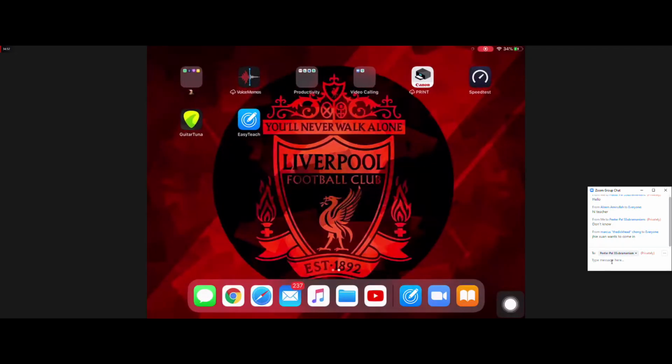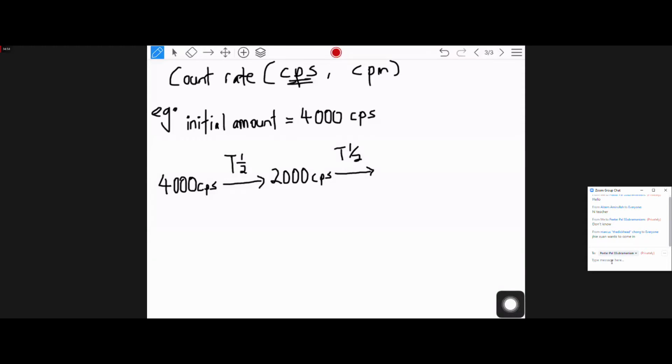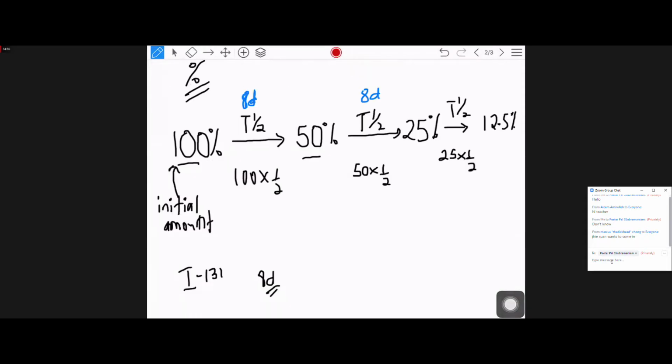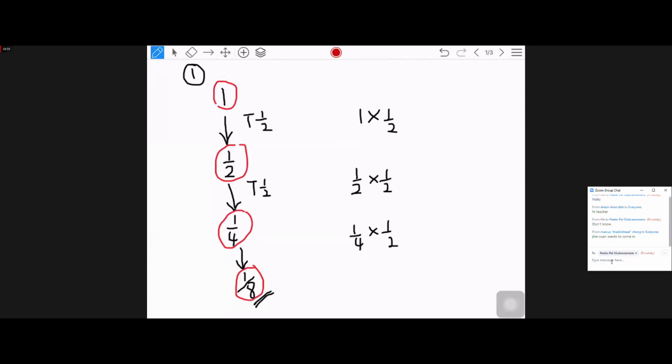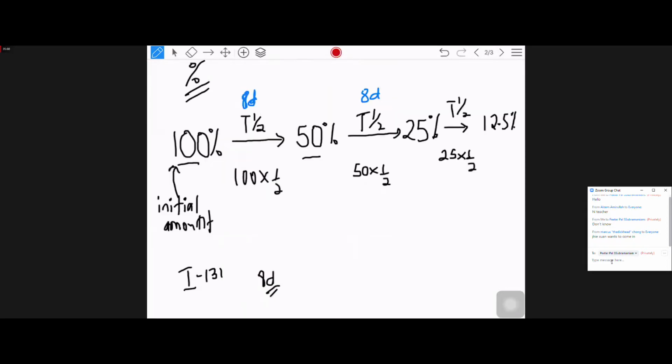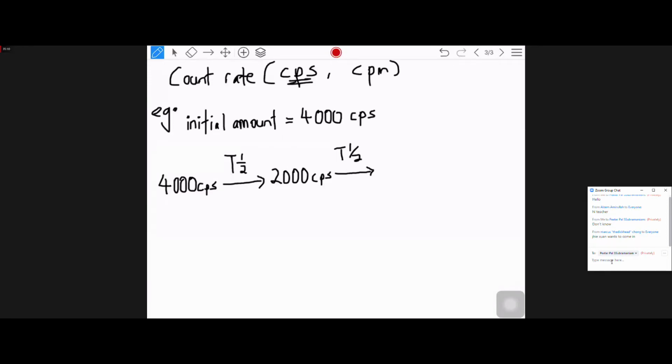Okay, now see. First, we were looking at half-life in the idea of fractions. Second, in the idea of percentage. Now we are looking at half-life in the idea of count rate. The initial amount was 4,000. After the first half-life, 2,000. After the second half-life, 1,000 remaining balance.